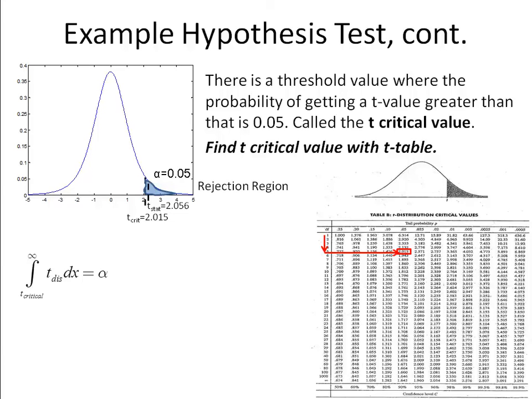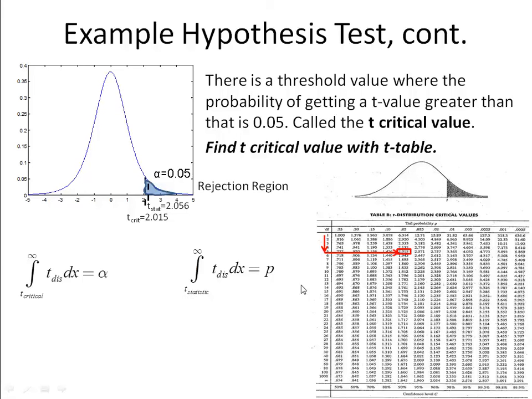But to go a little further and a little deeper and give you a little better understanding of what that means, let's think about it. So we said that we reject the null hypothesis when p is less than alpha, and in this case alpha is 0.05. So the p-value is the area under the curve starting at our t-statistic and going towards infinity.